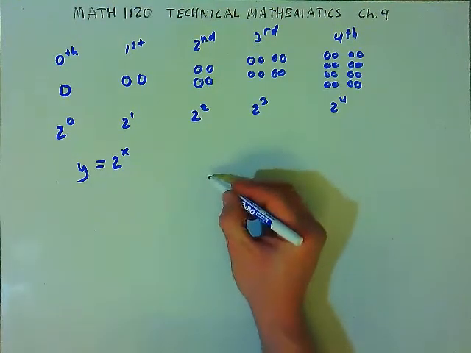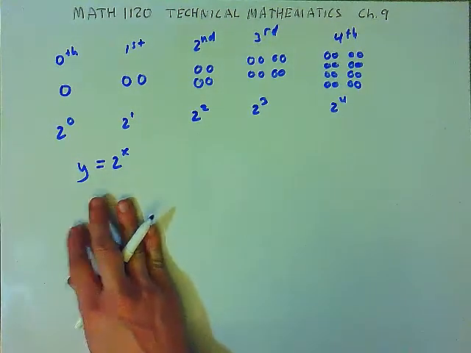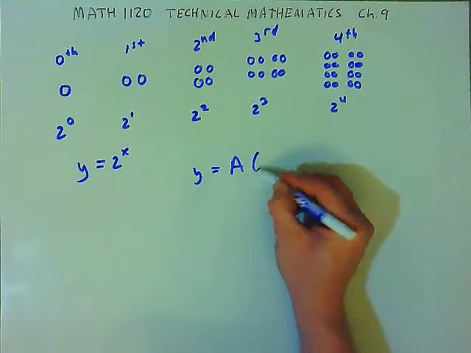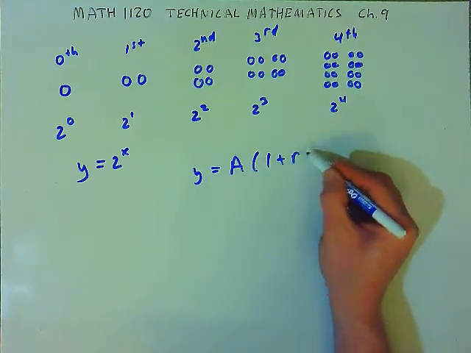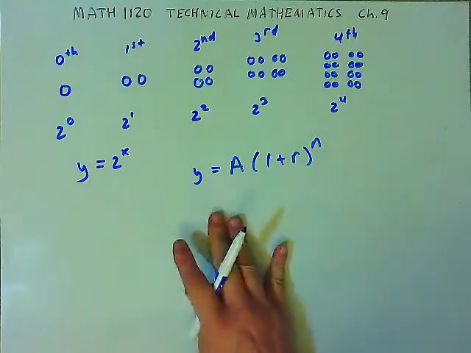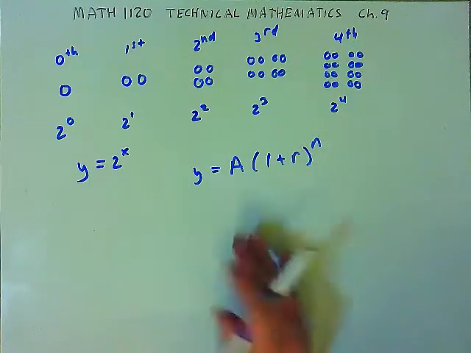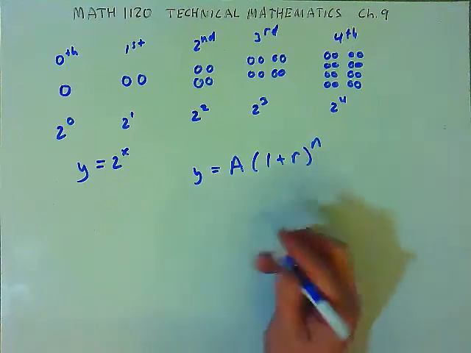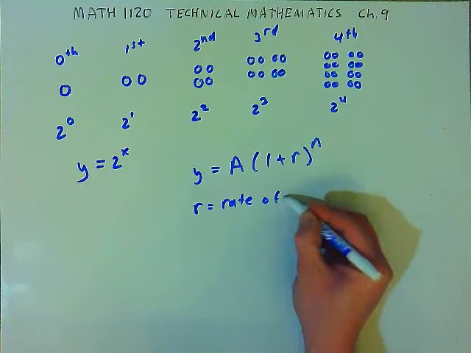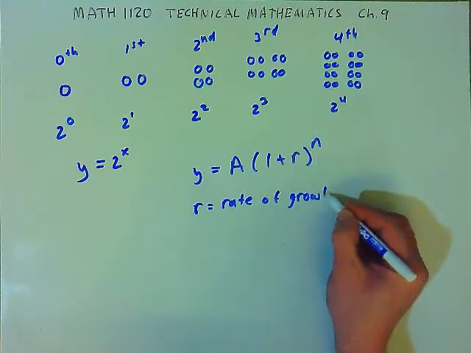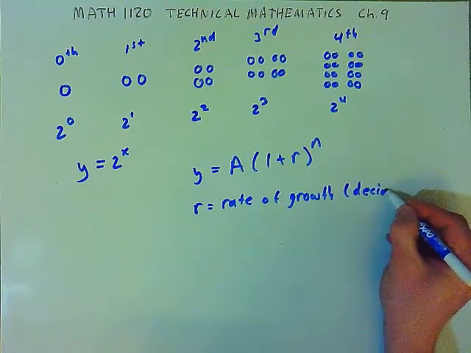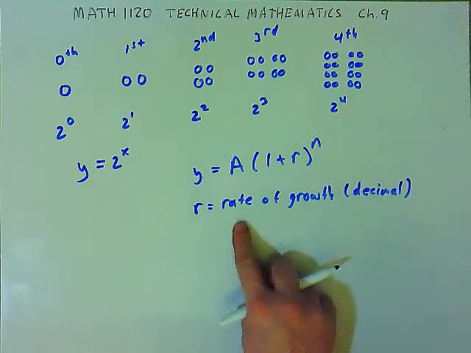The first one that we're going to look at, other than the basic exponential function, says that y equals a times 1 plus r to the n power. And in this formula, r is the rate of growth. We want to make sure that that's in a decimal form. So a lot of times it'll be given to us as a percentage.